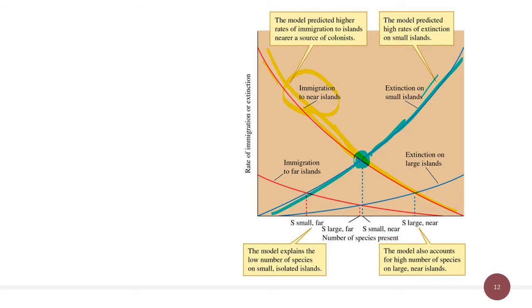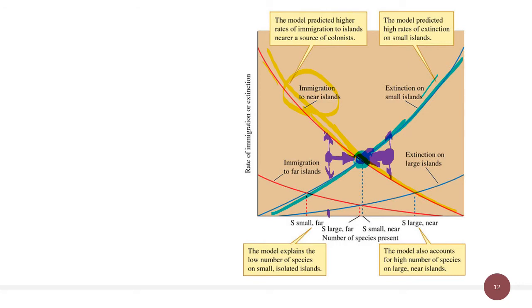And we know it's a stable equilibrium because if I end up having more than that number of species over here, extinction is higher than immigration, and my species number is going to go back to the equilibrium. The same thing if I'm at a number of species below the equilibrium, it's going to increase because the immigration rate is higher than the extinction rate. And we can determine what this is if we get the equations for those two lines.